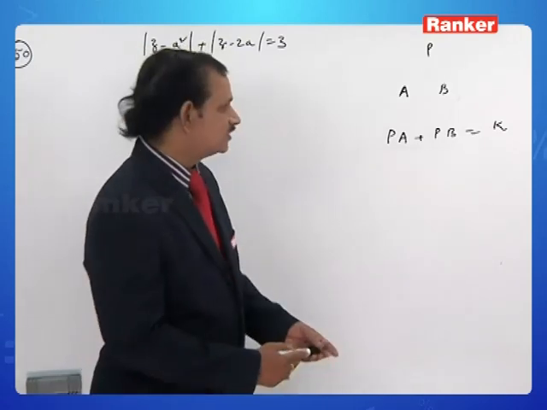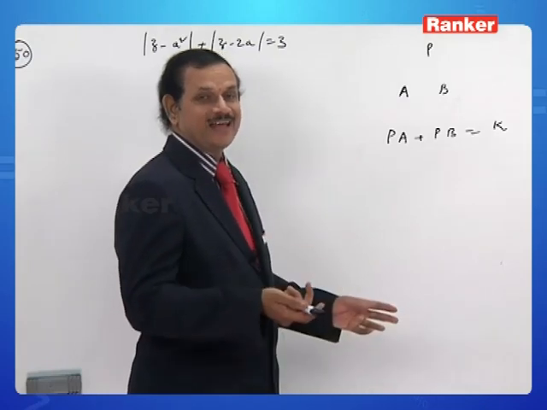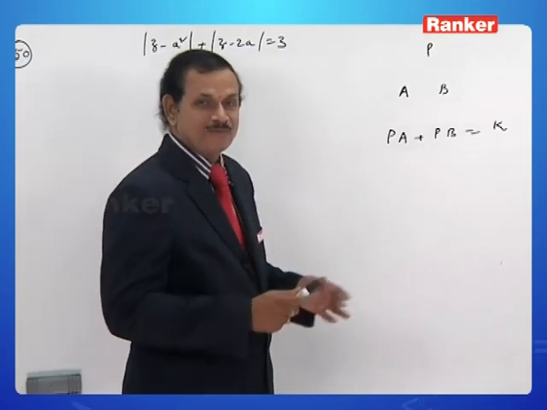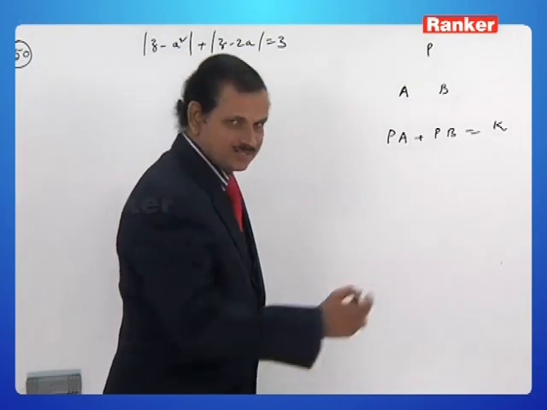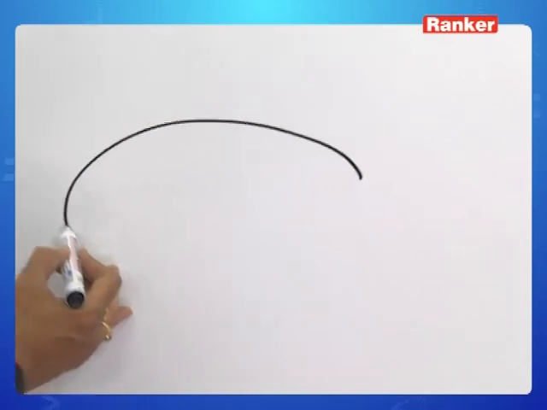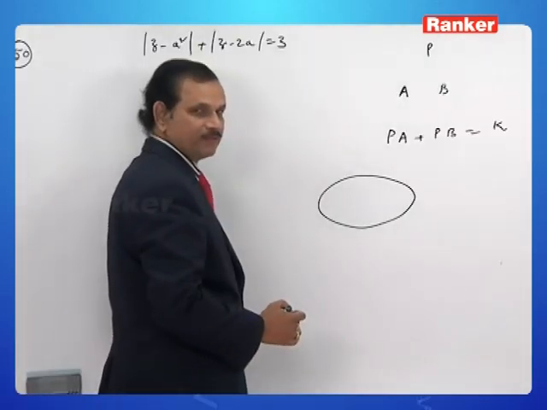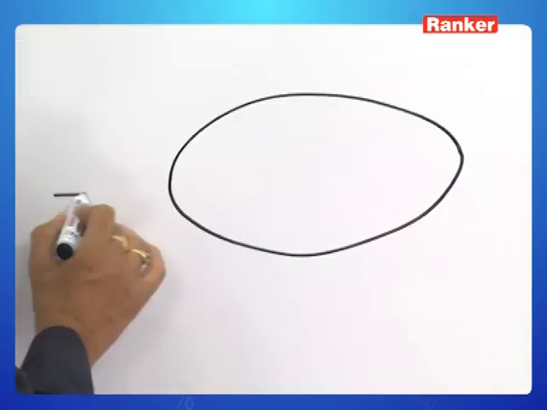Yes. Here you see, if PA plus PB is equal to K and K is greater than AB, then it is an ellipse. How can you believe that? Let us consider the general form, the general graph of an ellipse. Let it be x square by a square plus y square by b square is equal to 1.